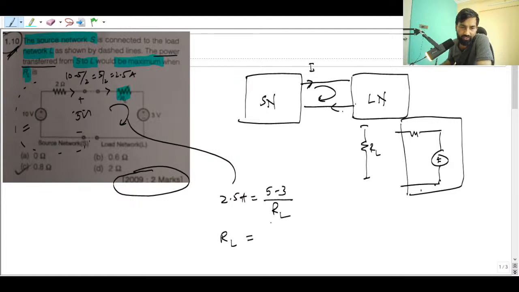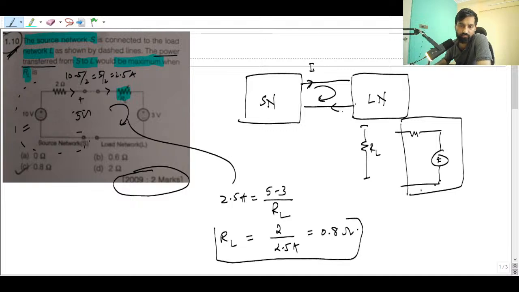So RL is going to be 2 by 2.5 ampere, which is going to be 0.8 ohm. Okay, so this is the answer for this question. That is why C is going to be the right answer for this question.